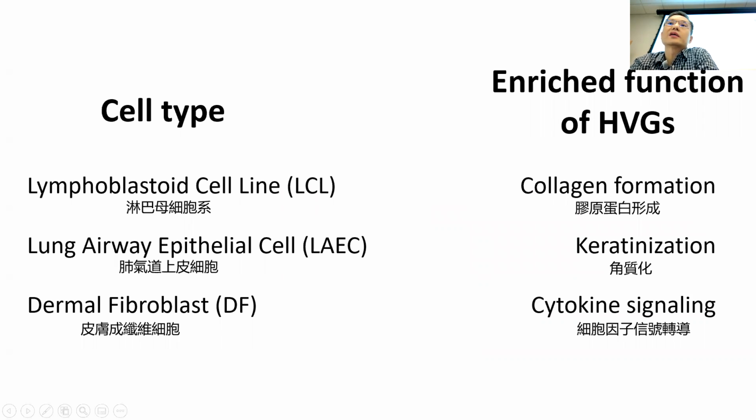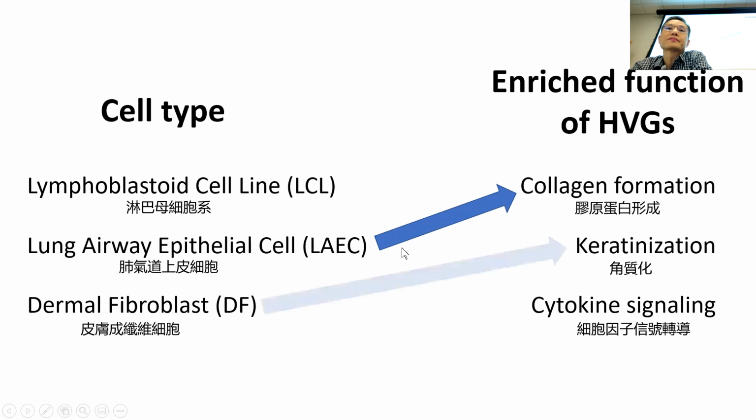So we can actually, from highly variable genes, directly derive the function of cell types. For epithelium cells in the lung, you need collagen formation.